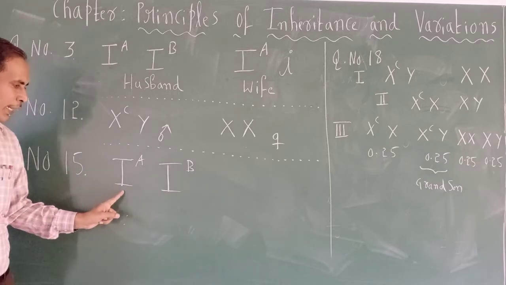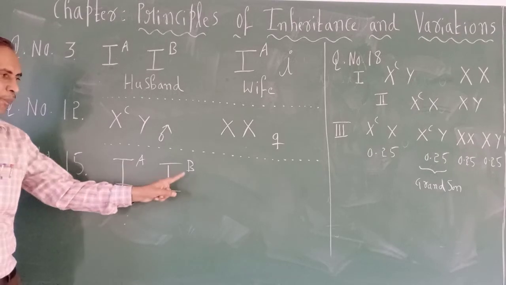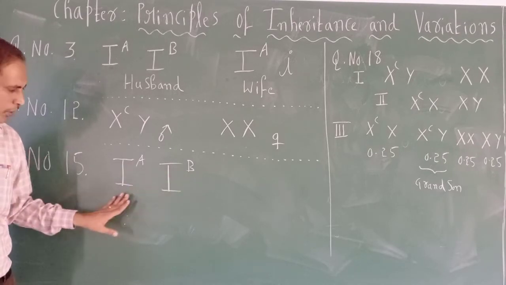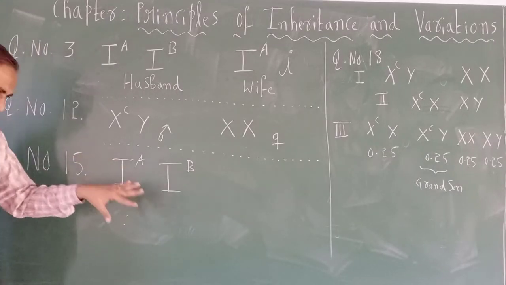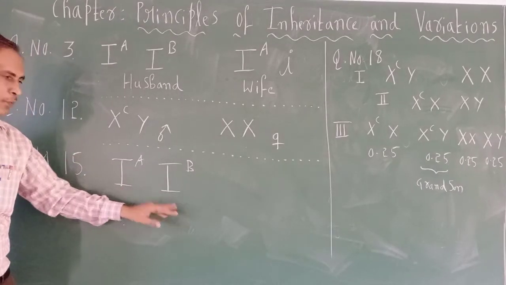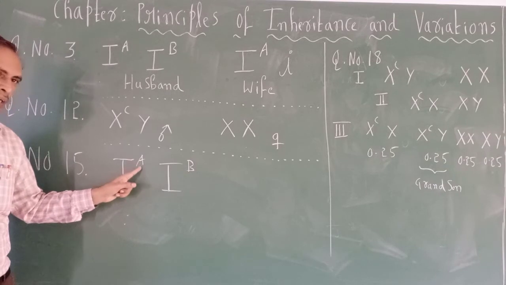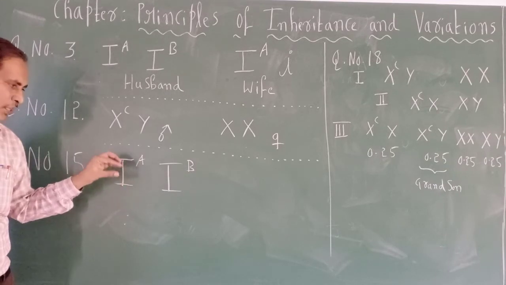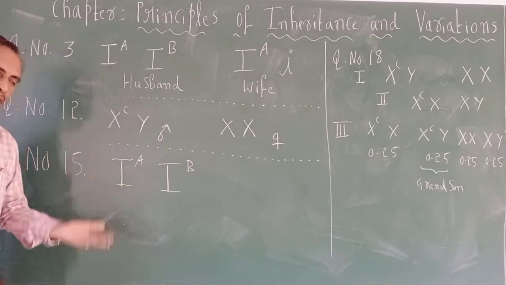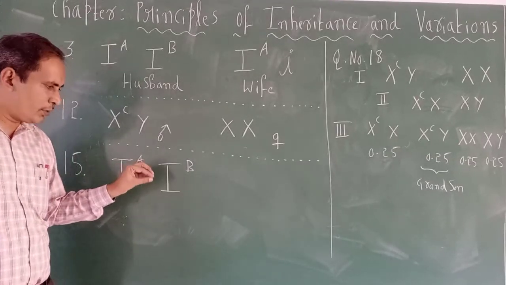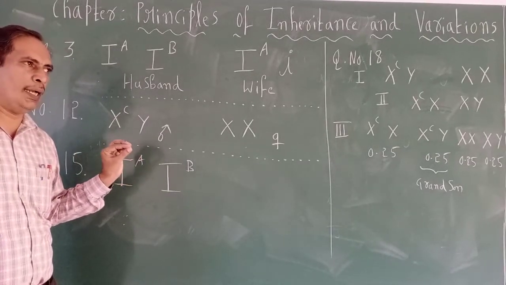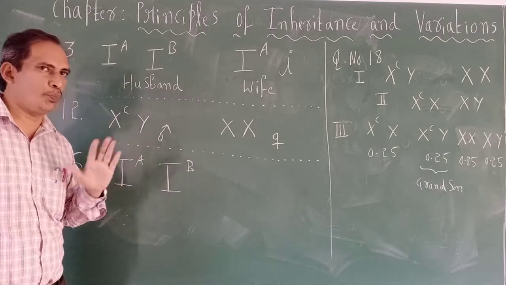Look here, I to the power of A, I to the power of B, heterozygous condition, because both the alleles are dissimilar, and here both the alleles are expressed. Because of the allele capital I to the power of A, antigen A is produced. Capital I to the power of B, this allele corresponds to the antigen B. The antigen B is also produced.